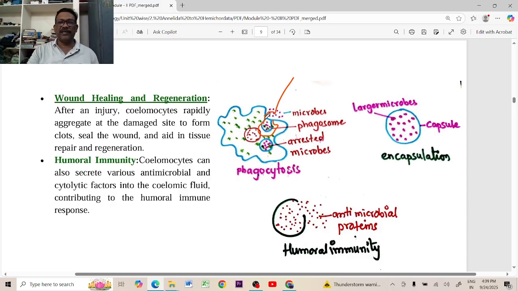These microorganisms are arrested in this vacuole. The lysosomal enzymes can attach to this one, and they can release proteases, enzymes. They can digest, means they can kill the viruses or bacteria. The killed particles are released out again. This is called the phagocytosis process.